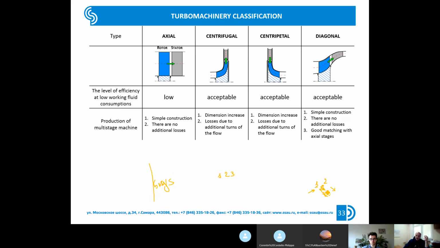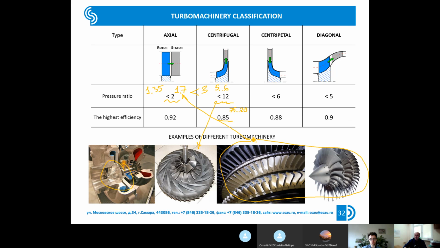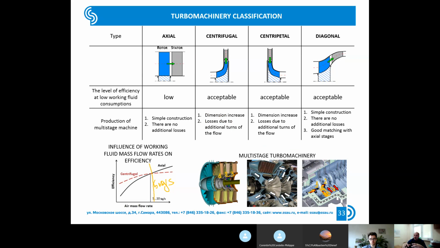And we remember that centrifugal stages have poor efficiency, and we receive additional losses because we need to provide additional turns of the flow.